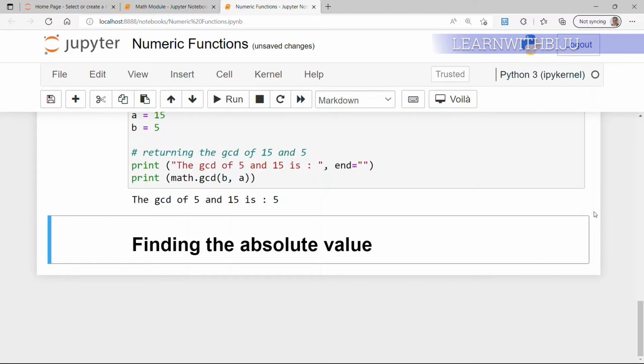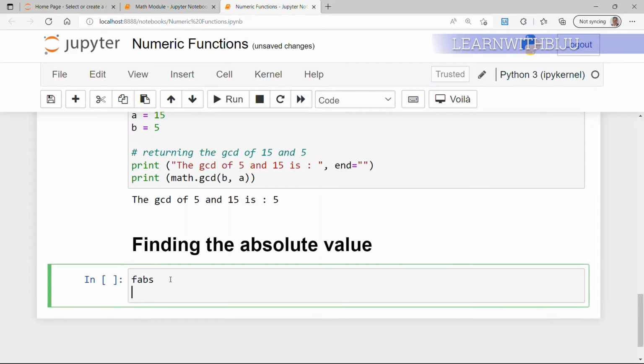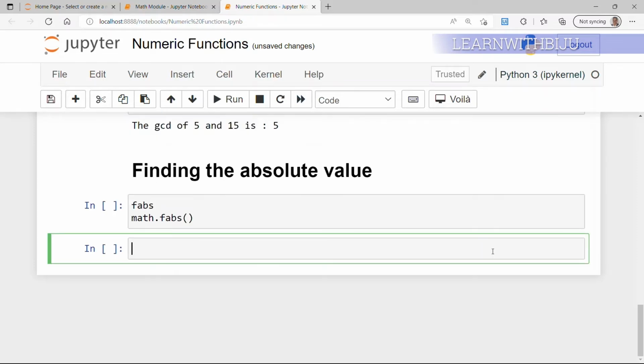The next numeric function we are going to see is how to find the absolute value of a number. For that we have a math function fabs. What is the syntax? Math.fabs. Let me demonstrate a program that finds the absolute value.